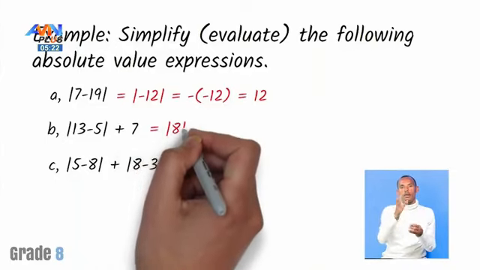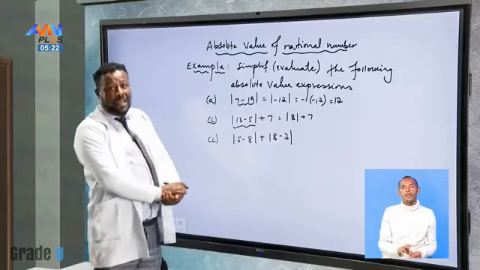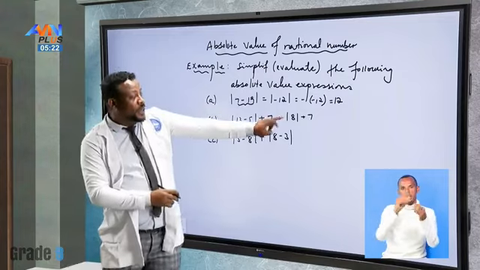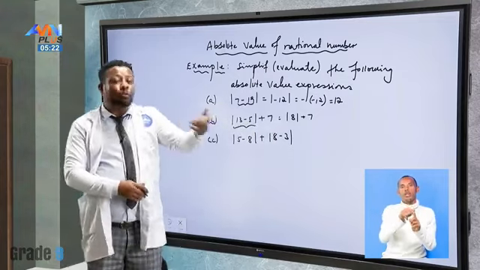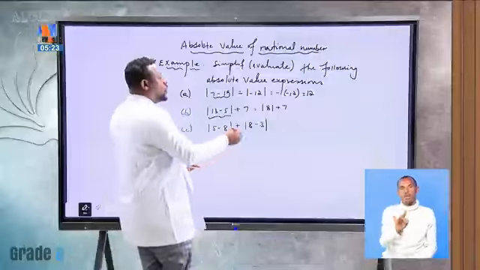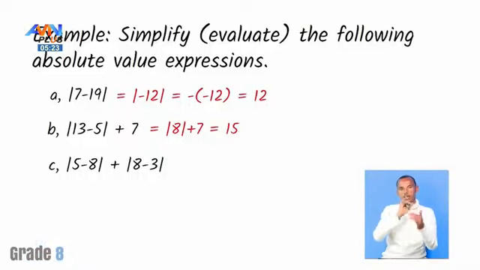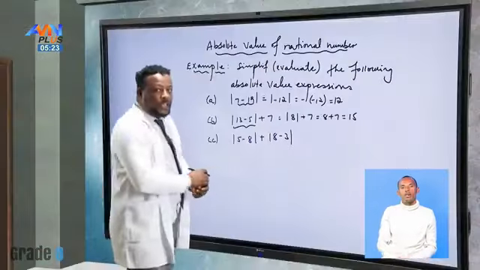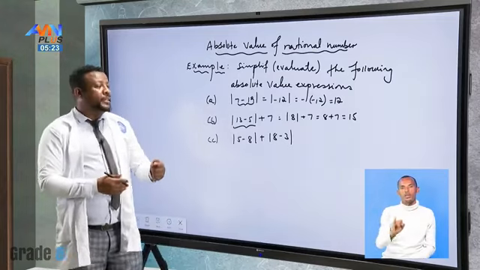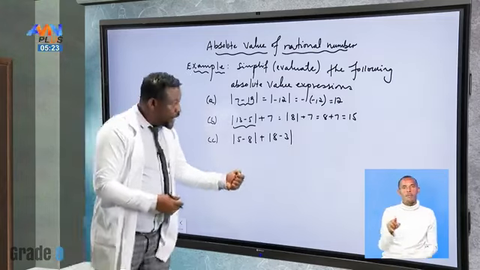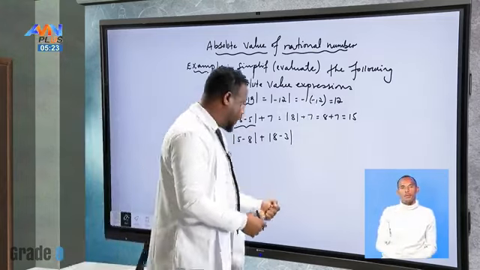So the absolute value of 8, plus 7. Since this number is positive, its output is 8 itself. So it gives us 8 plus 7. The result becomes 15. So 15 is the answer for the B part, okay?